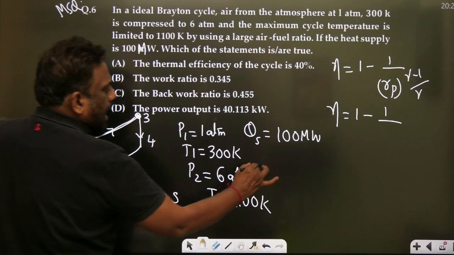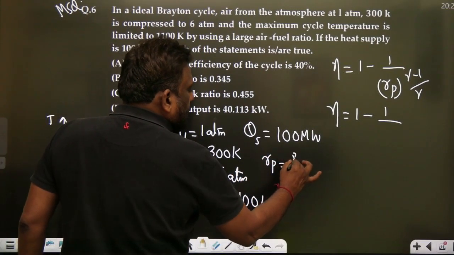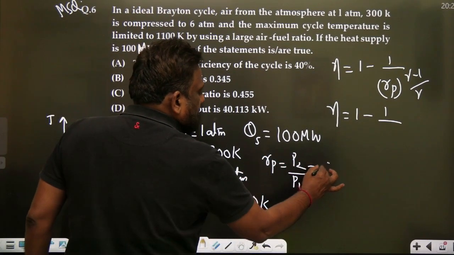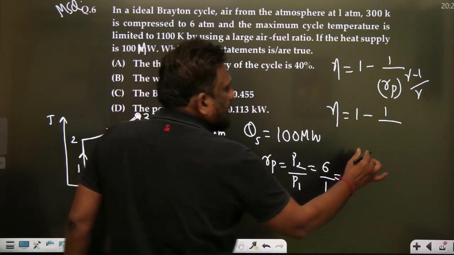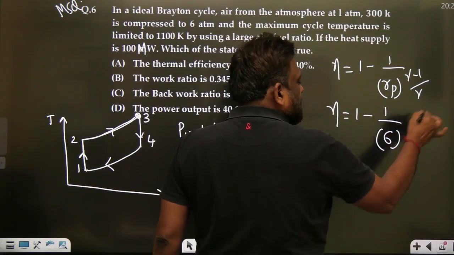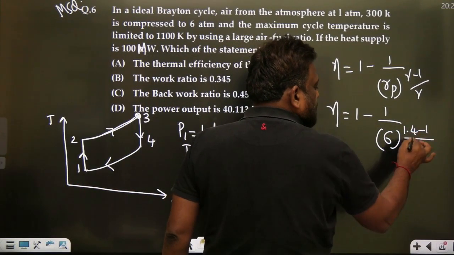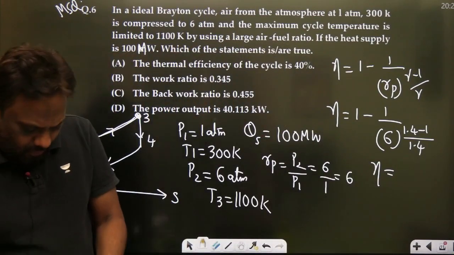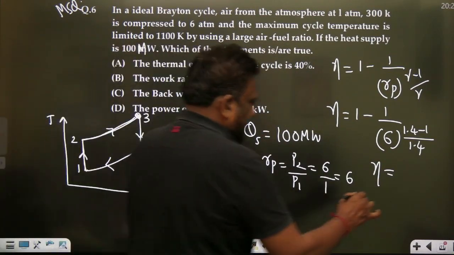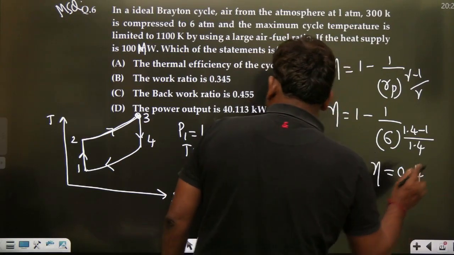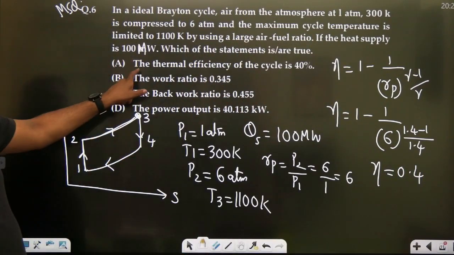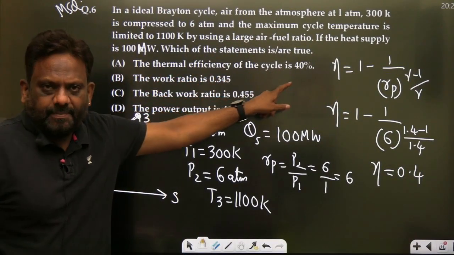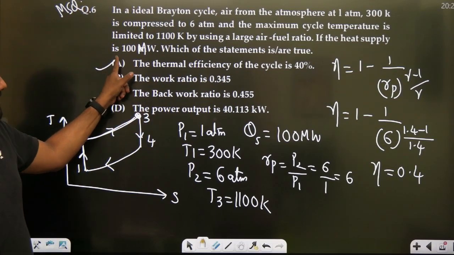So the pressure ratio Rp is 6. So 1 minus 1 by 6 power, air is the working fluid, 1.4 minus 1 by 1.4. You will get the efficiency. Let me check. I think you are getting this as 40%, that is 0.4. So please observe here, the thermal efficiency of the cycle is 40%. So option A is correct.